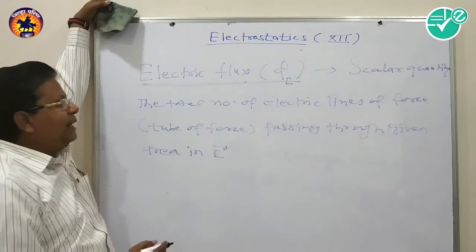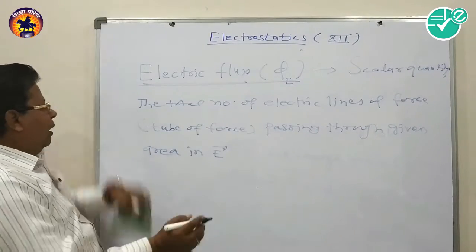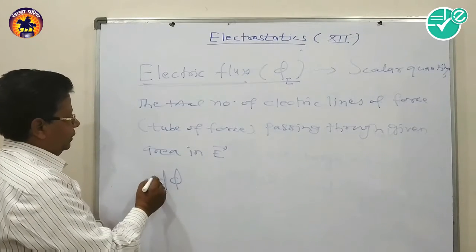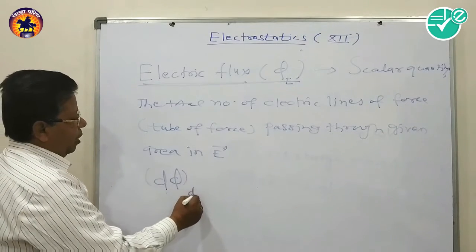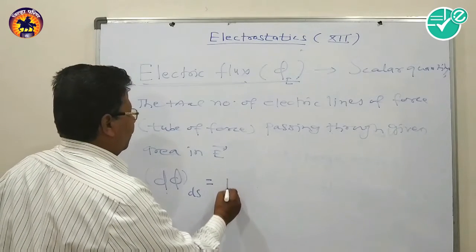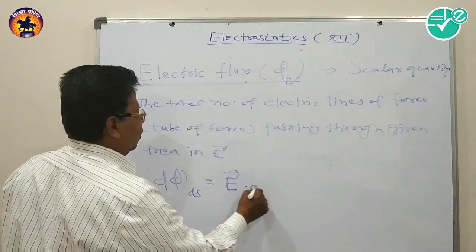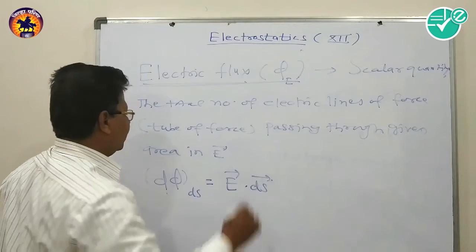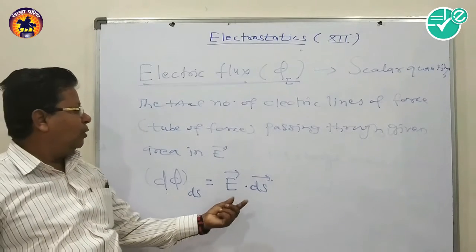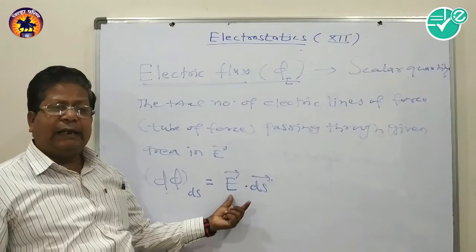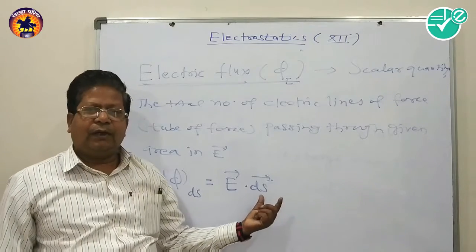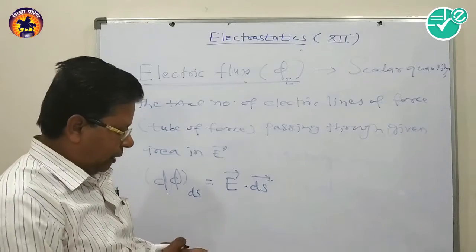And this electric flux for a small area ds, d phi for area ds, is equal to vector E dot vector ds. So electric flux is the dot product of electric intensity and surface area vector.